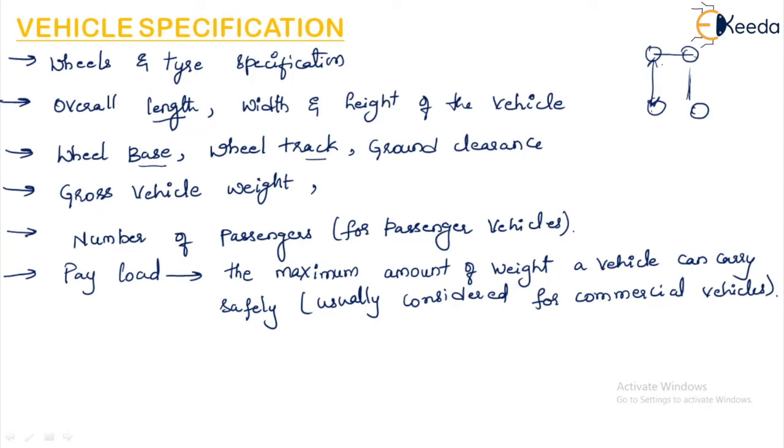When you move the car over the hump, the lower part of the car may touch the ground. So while making a particular vehicle, we have to consider the ground clearance very much.